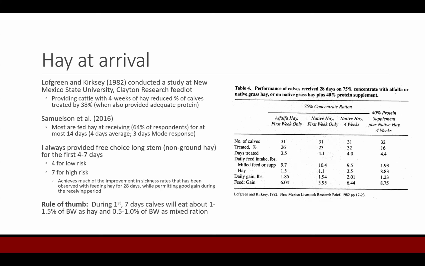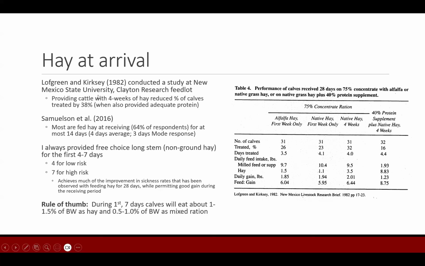So they provided cattle either alfalfa for the first week only, native hay for the first week only, native hay for 4 weeks, or native hay and then a protein supplement. Okay. They looked at treatment percent, days treated, daily feed intake, daily gain, and then feed to gain over that receiving period.